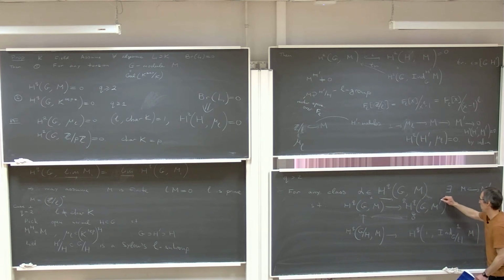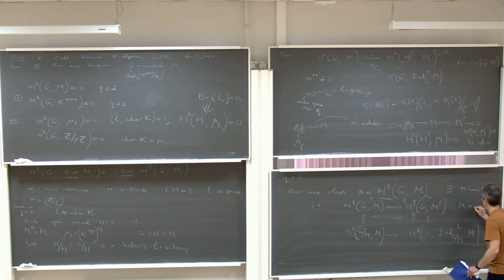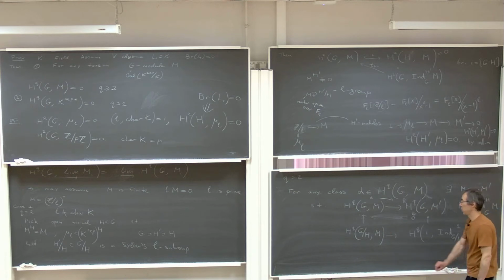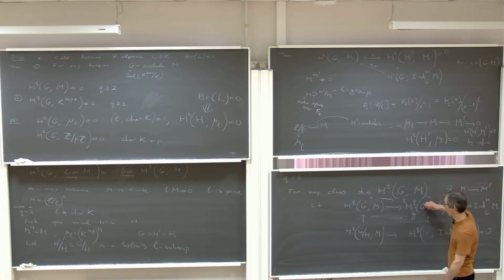So that means that I can take for M prime the following: take induction from H to G of M. So this group is 0. And so my class lives here, so going this way is the same as going this way, so I check this.